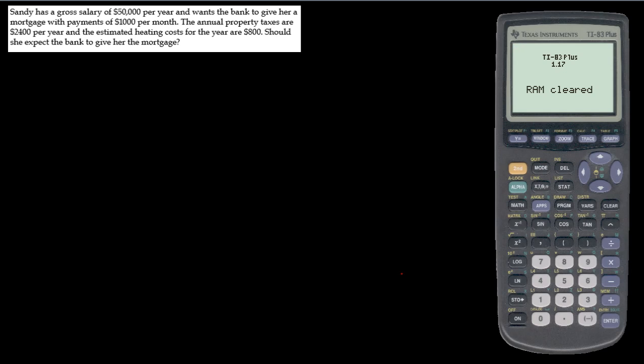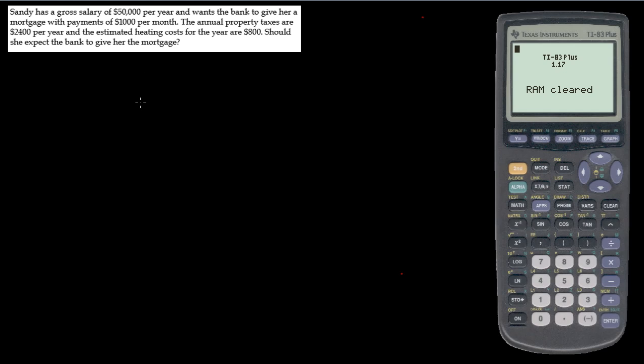Or the other question is, just calculate the debt to equity ratio, and then it's a justify type of question: since this is blank, the bank should give you a loan. We'll talk about that in a second, but let's read the question and see if we can figure out what's going on.